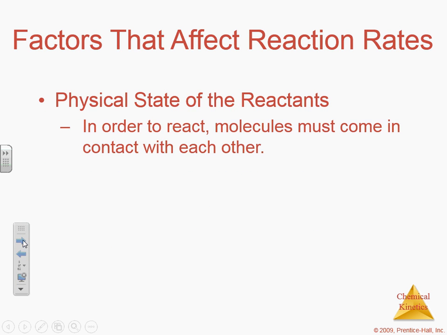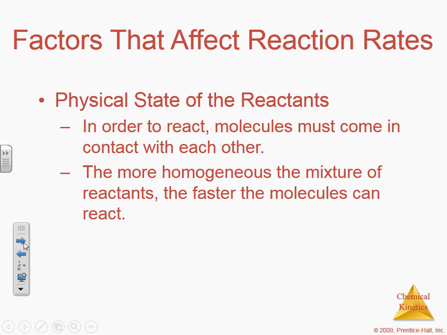So when we talk about factors that affect chemical reactions, there's a couple. First off, the physical state of the reactants. This makes total sense: in order to react, molecules must come in contact with one another. Well, what type of mixtures come into more contact with one another? Homogeneous.